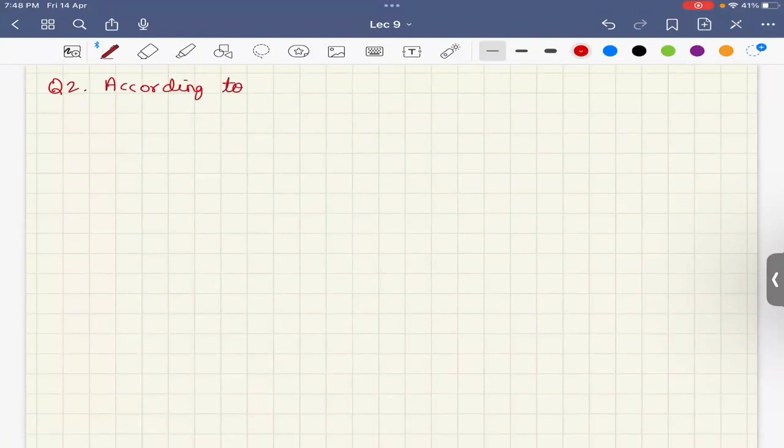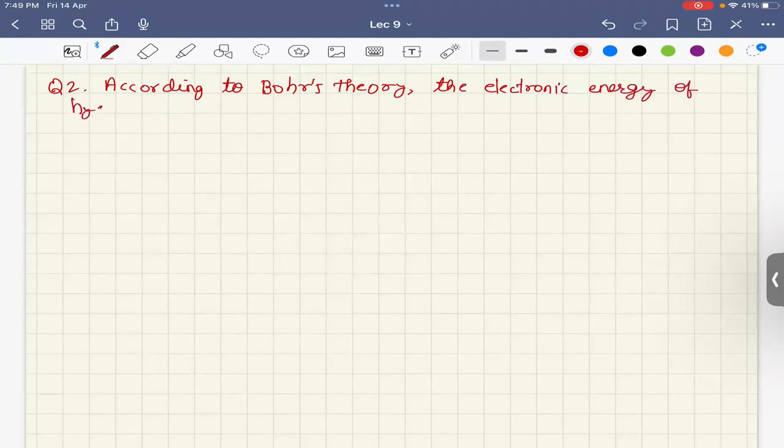According to Bohr's theory, the electronic energy of hydrogen atom in the nth Bohr orbit, right, is given by following expression.